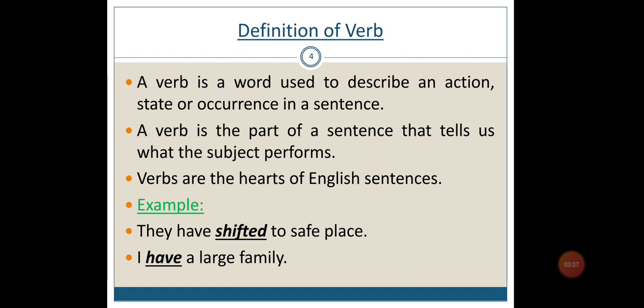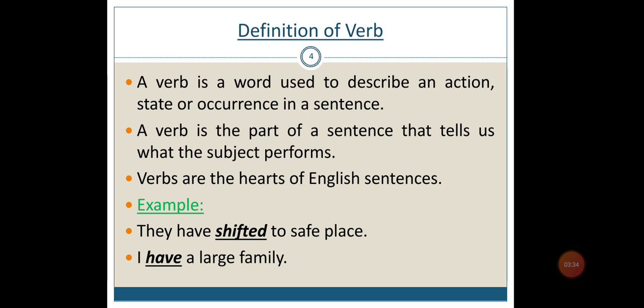Here we can see the definition of verb. A verb is a word used to describe an action, state, or occurrence in a sentence. Or a verb is the part of a sentence that tells us what the subject performs.